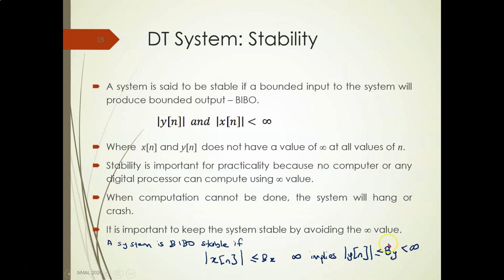So By is a value which is the limit. Whatever it is, Bx, which is the limit of input x[n], and By, which is the limit for the output y[n], should be less than infinity. So this is what we call stability, or stable.